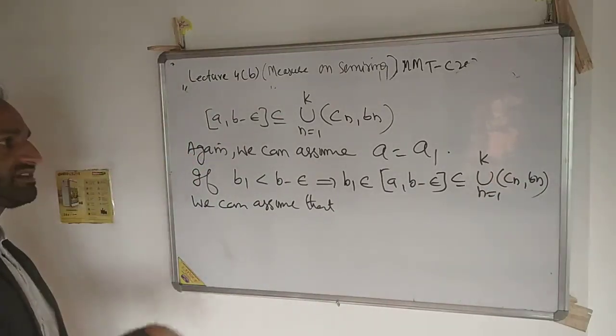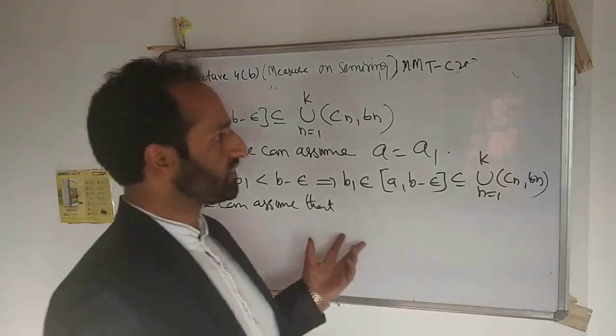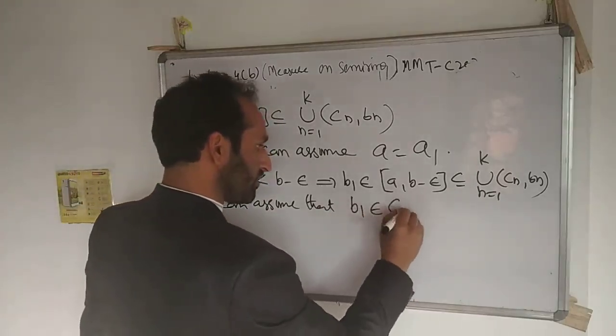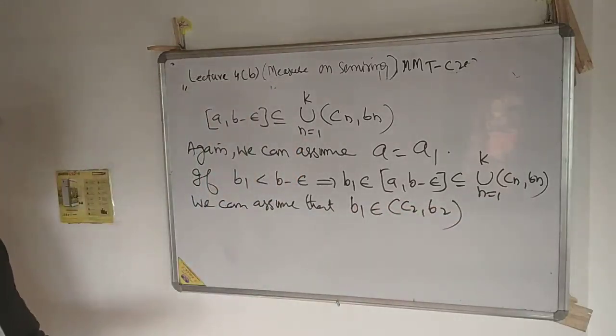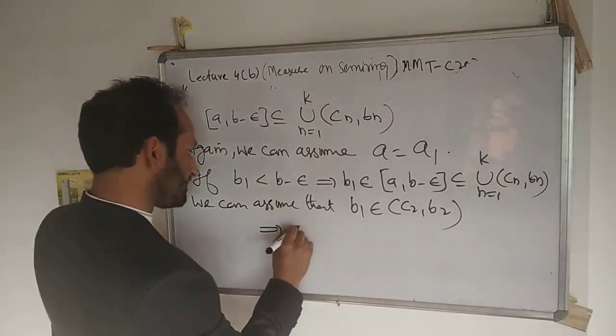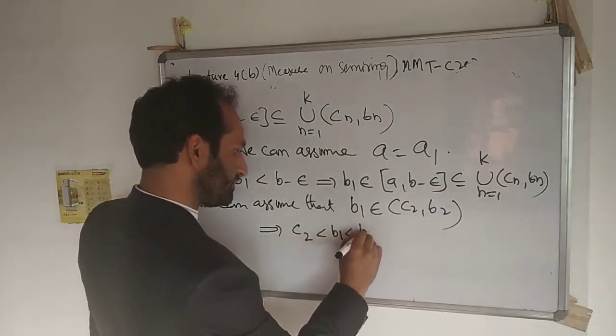So it lies in some other interval other than C1 B1, and without loss of generality we can assume that it lies in the second interval. So we can assume that B1 belongs to C2 B2. This implies C2 is less than B1 less than B2.